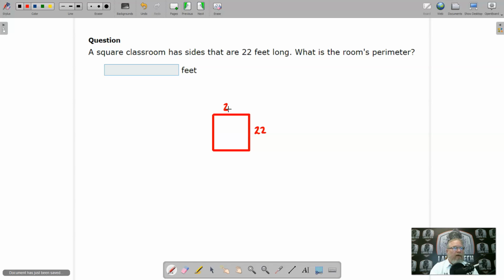So we'd actually have 22 on all 4 sides. So we put all that there. And basically we have 22 times 4, right? 22 for each of the 4 sides. So 4 groups of 22. Well, 22 times 2 is 44. Double that, we get 88. So in this case, it is 88 feet.